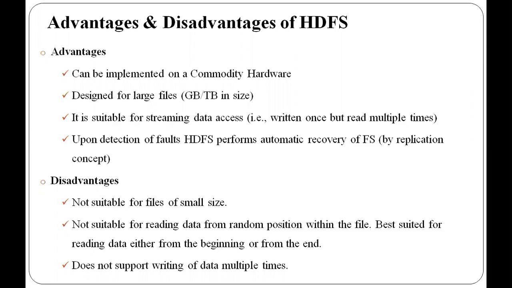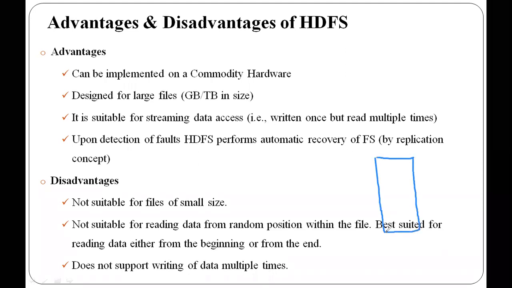Second point is it is not suitable for reading data from random position within the file. Best suited for reading data either from the beginning or from the end. It means that if this is a file, here with the help of HDFS, the information or data can be read either from the beginning or from the end.